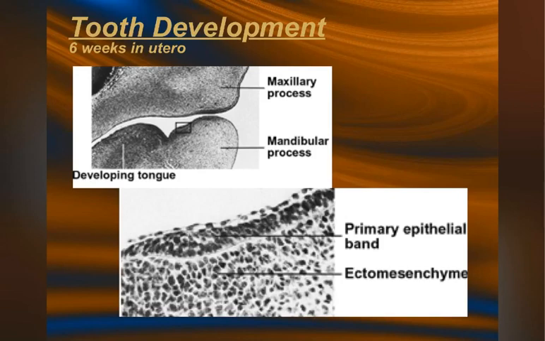Same thing here: primary epithelial band, week 6. We see thickening of the oral ectoderm and condensation of the underlying ectomesenchyme. And notice that we see a cell-free zone between them. Whenever you see a cell-free zone, it means there is interaction between the two layers.